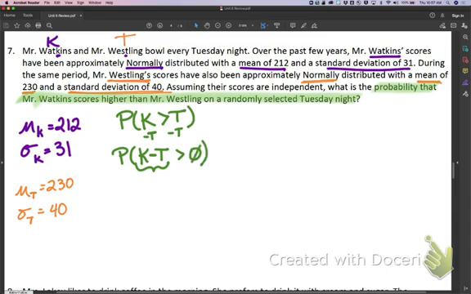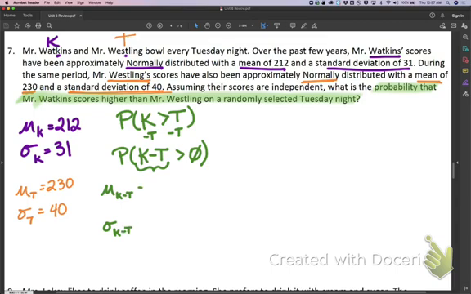Whenever I subtract that T, it gives me a 0 on the other side. So K minus T is the new combined distribution. That means I need to find the mean and the standard deviation of the combined distribution of K minus T.